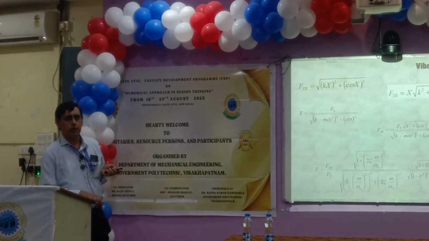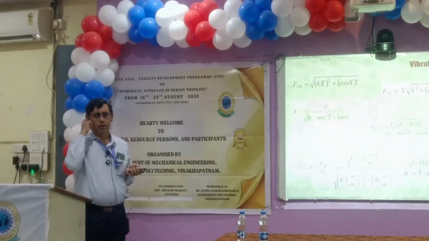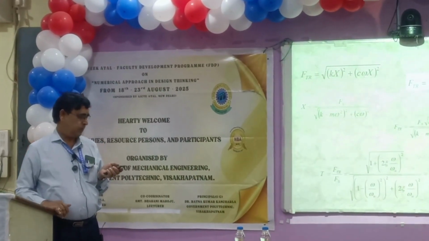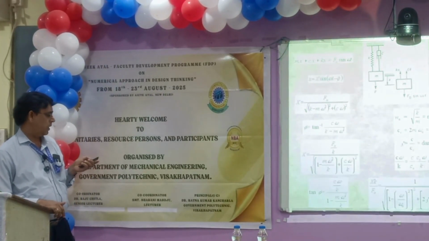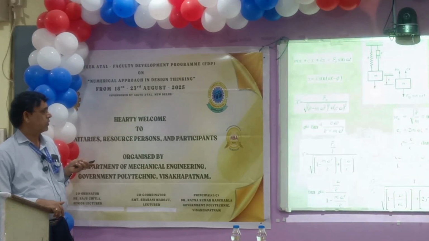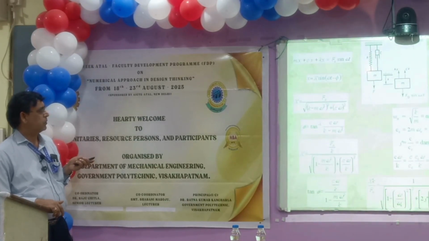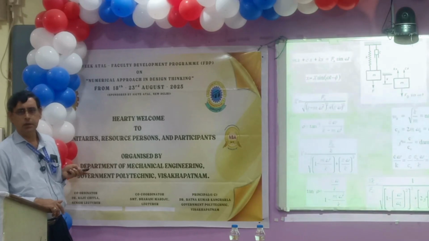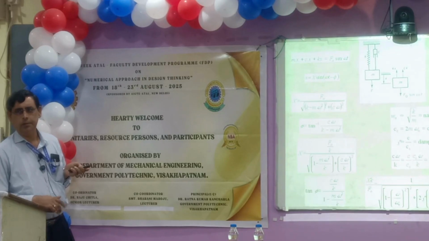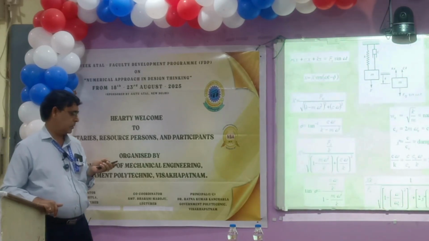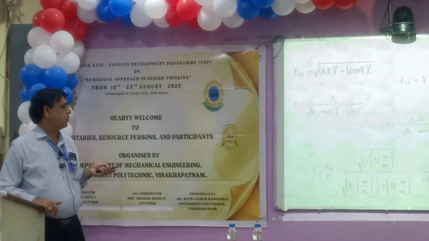How it is done is by calculating how much force is transmitted from the engine to the foundation. You can see here, if you are having the mass here and force here, it is transmitting some force through this spring as well as through the damper to the surrounding structure, right? Because engine is what is producing the force.